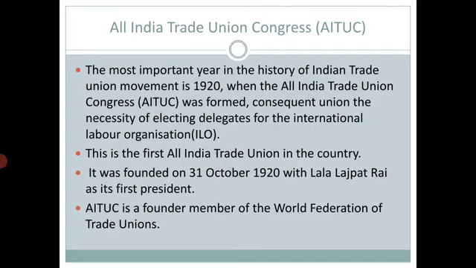The first meeting of the AITUC was held in October 1920 at Bombay under the presidency of Lala Lajpat Rai. See, when was the first meeting of AITUC held? It was held in October 1920. Where was it held? It was held at Bombay. Under whom was it held? Under the presidency of Lala Lajpat Rai.